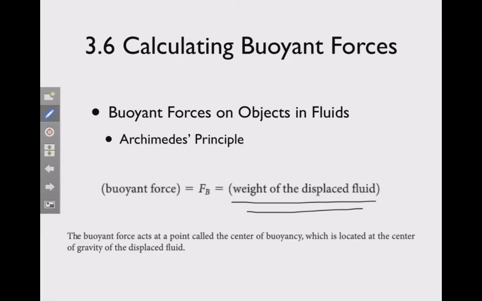So if you place a set of ice cubes into a glass, you can notice that the level of the fluid will rise. And so every object that you put in, whether it's partially or totally submerged in that fluid, the fluid level will rise. So it's that weight of that fluid that's displaced that is equal to the buoyant force, and we'll show that in a minute.